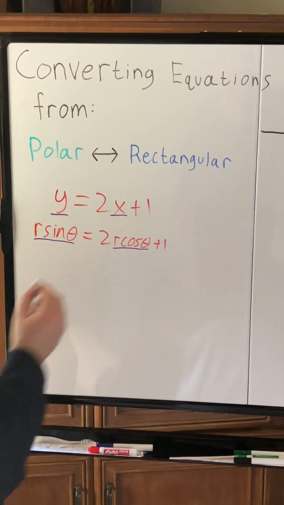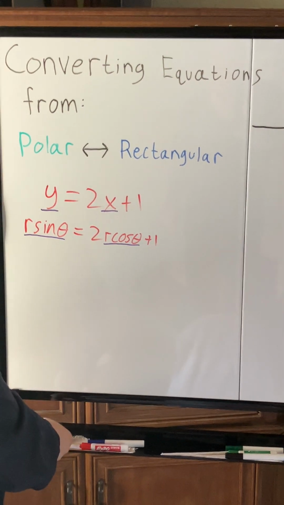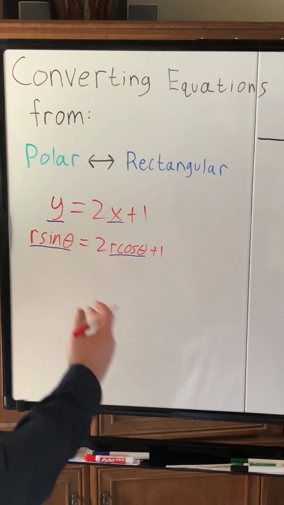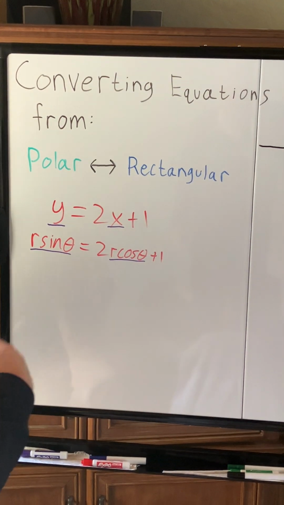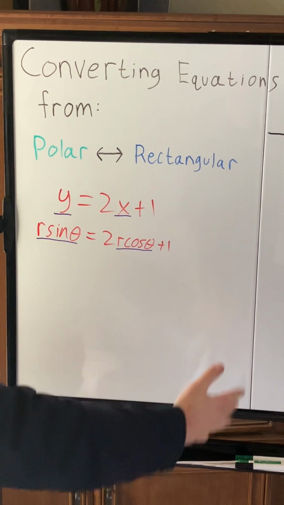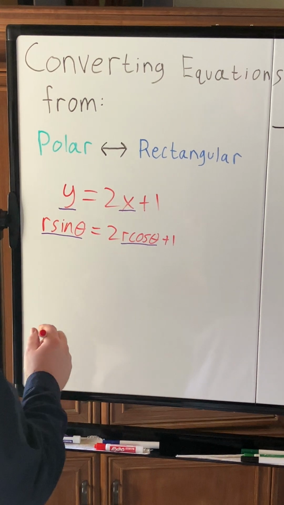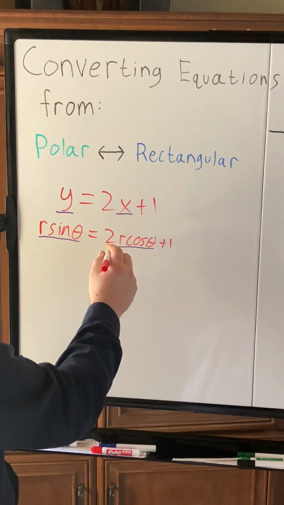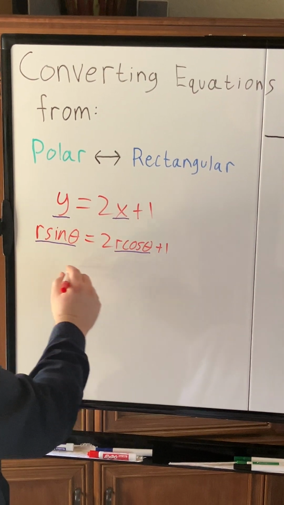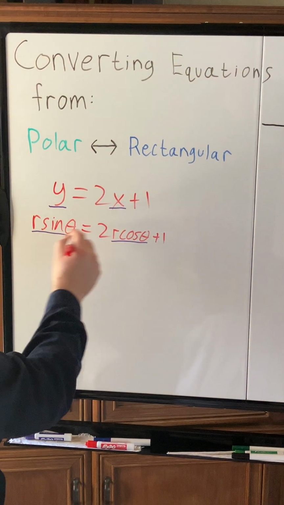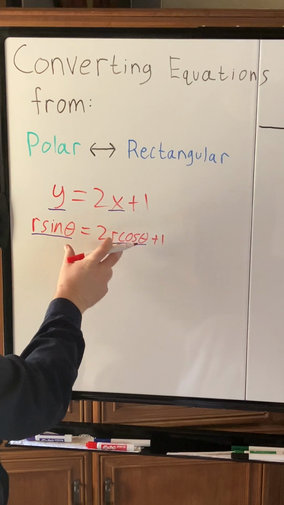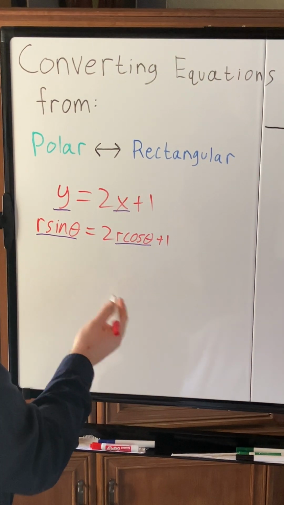I'm literally just directly substituting it. Now you go, okay, polar form, I want to try and write it as r equals. So what we're going to first do is move this term over to this side. You want to think, okay, let me get all my terms that have an r on one side.